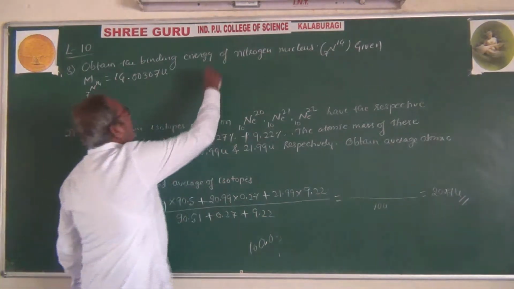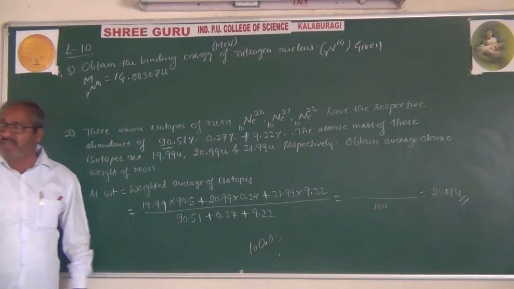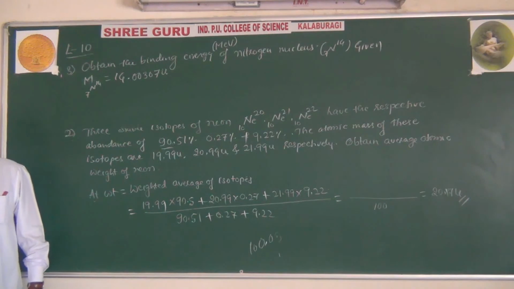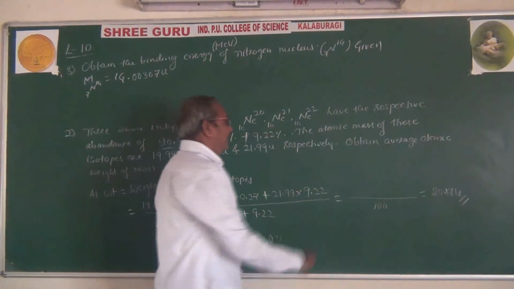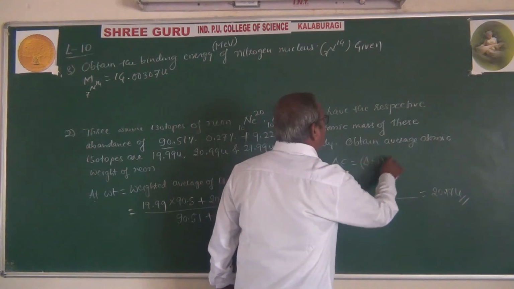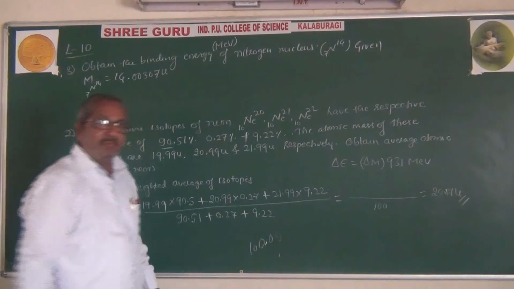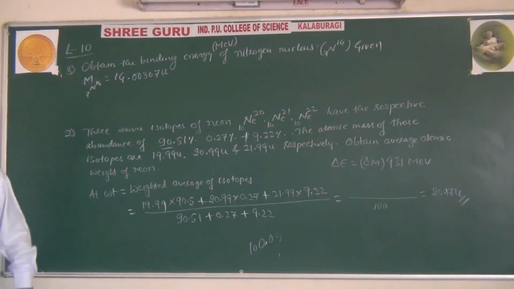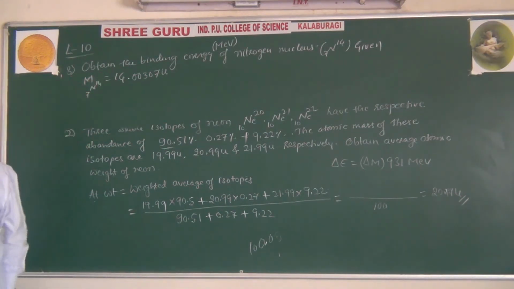For that purpose, as I told while explaining binding energy, it can be calculated by using the relation: mass defect into 931 mega electron volt gives the binding energy. If you divide by the mass number, you will get the specific binding energy. But here they ask only for the binding energy.